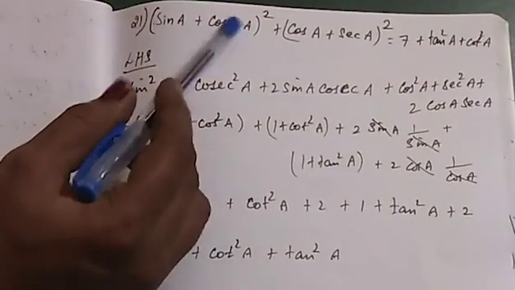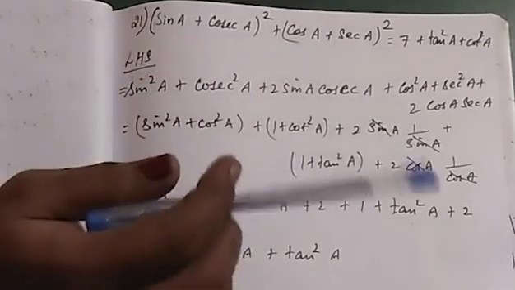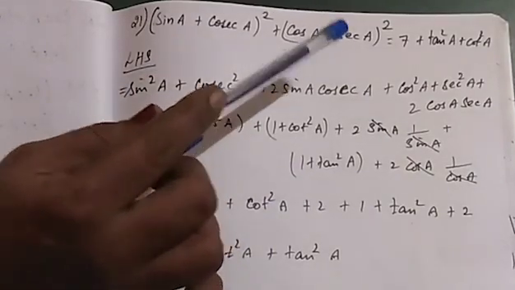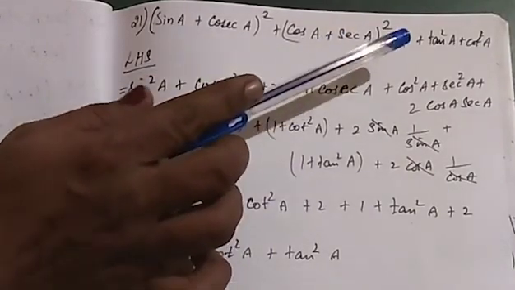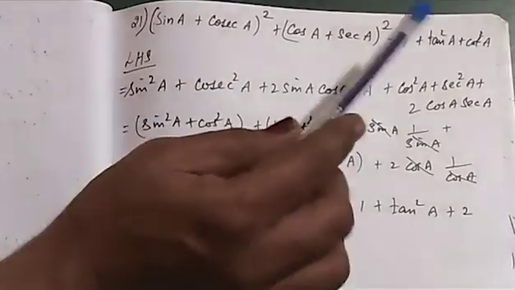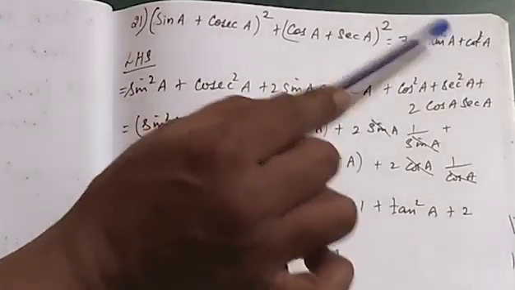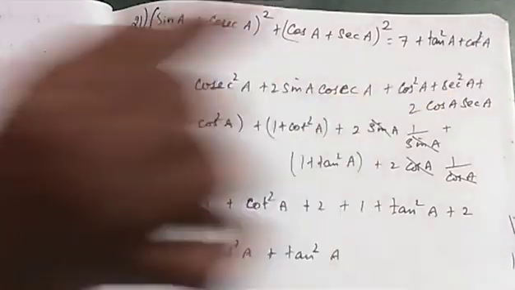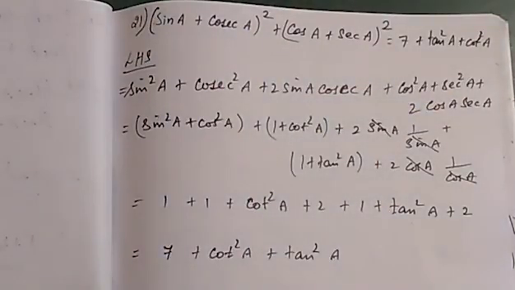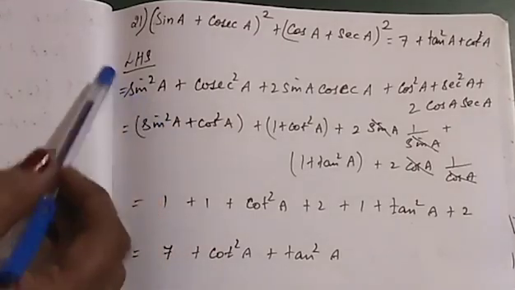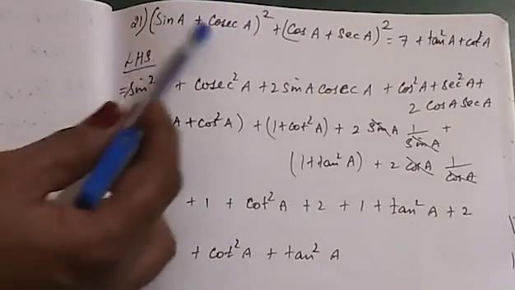Okay. 21. sin A plus cosecant A whole square plus cos A plus secant A whole square is equal to 7 plus tan square A plus cot square A. Okay. Now, take the left hand side. A plus B whole square.